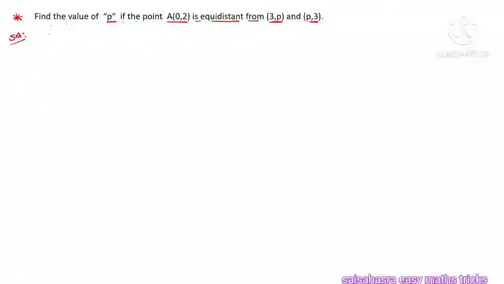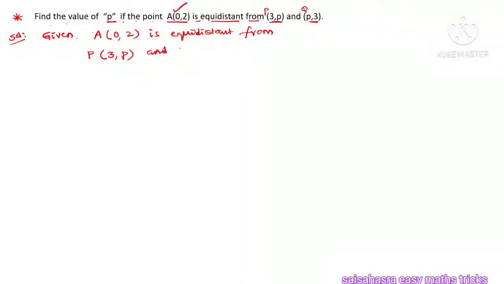Let us write now. Given: point A (0, 2) is equidistant from point P and point Q. Let us assume this one as P point and this is Q point: P (3, p) and Q (p, 3).